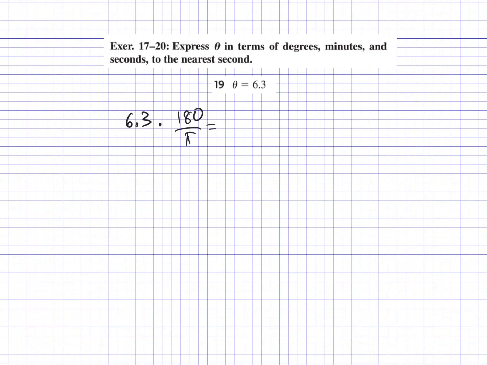Okay, so the reason the pen looks thicker is I have a split screen, which makes it thicker for some reason. I'm using a calculator on the split screen. All right, so 6.3 times 180, and then you divide that by the pi value, and that gives you 360.963.